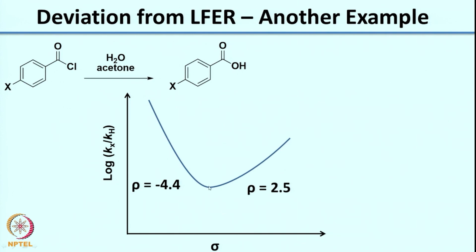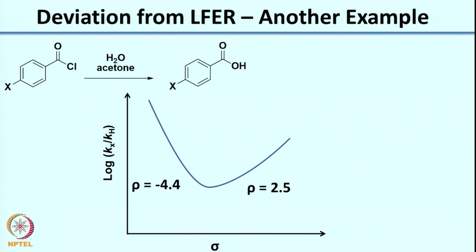You have a negative slope for electron releasing groups, remember on the left side of your x axis you have a negative slope, and you have a positive slope for electron withdrawing groups. So, on the right side you have a positive slope. This is what your Hammett plot will look like.